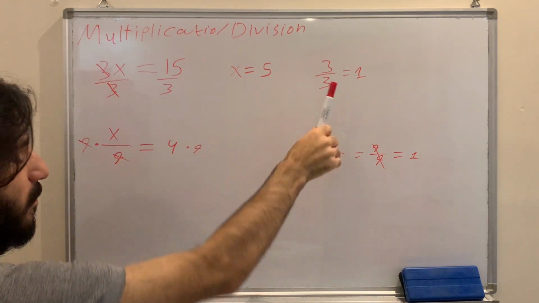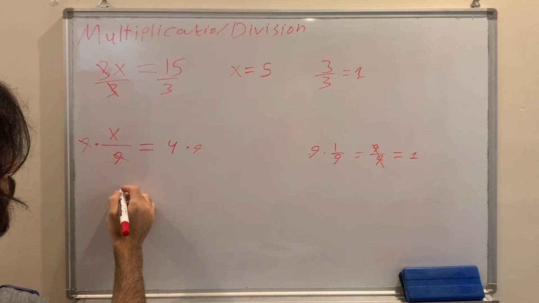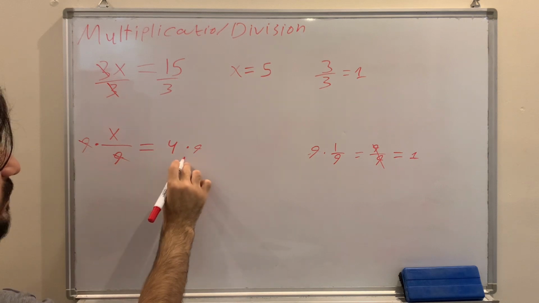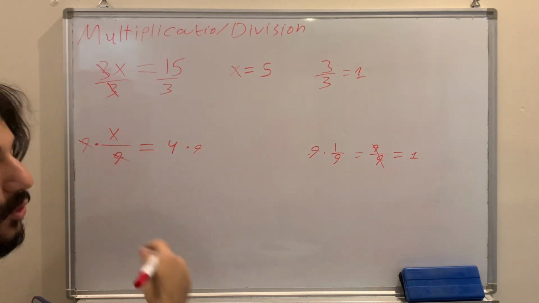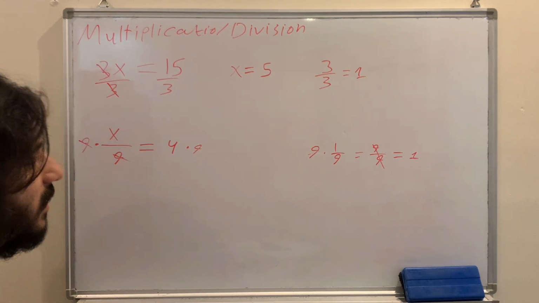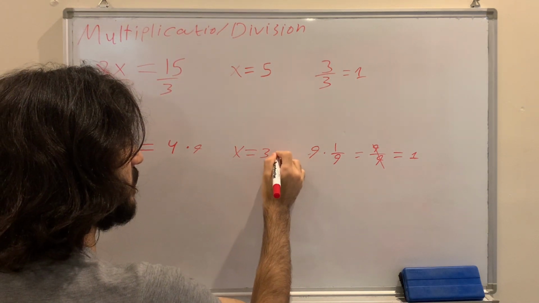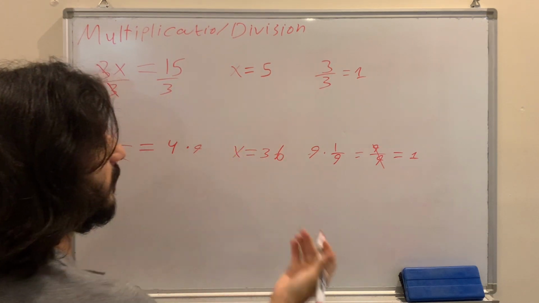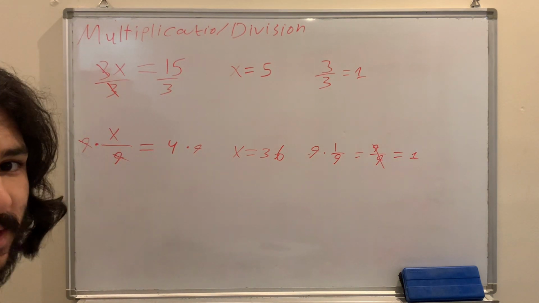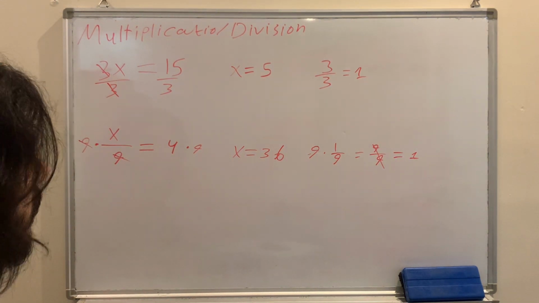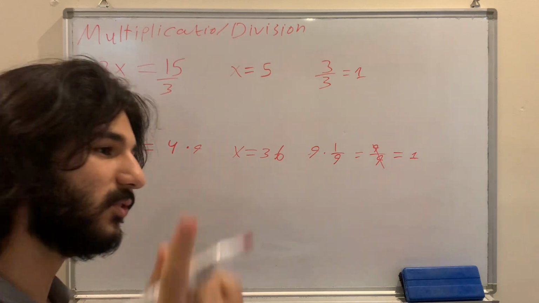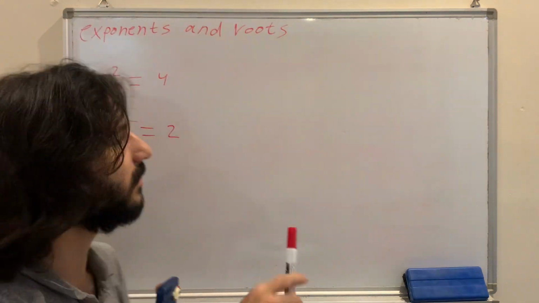The same as the top. So when these cancel out, you get left with x equals 4 times 9. 4 times 9 is just 36. So x equals 36. And that's it for multiplication and division. It's that simple. Now let's move on to the other part.